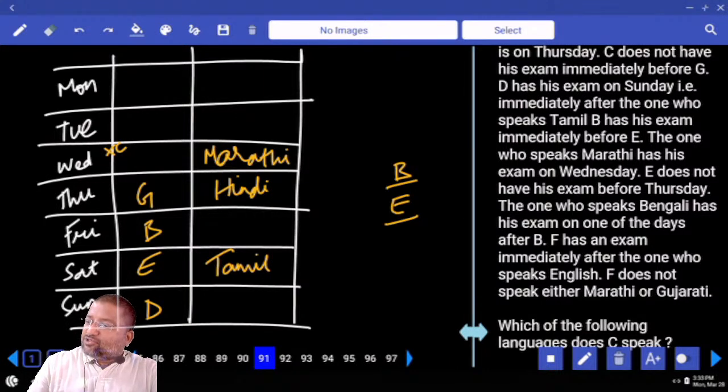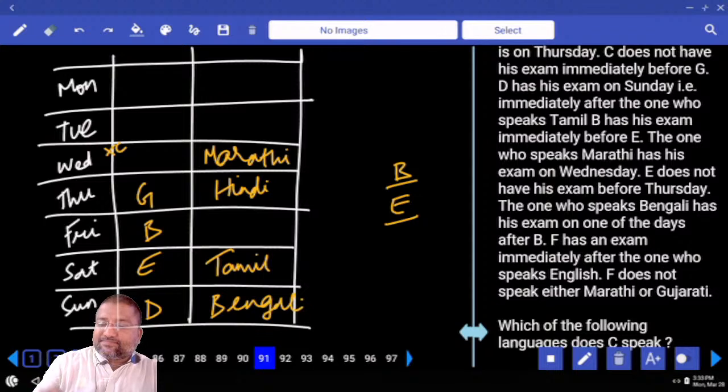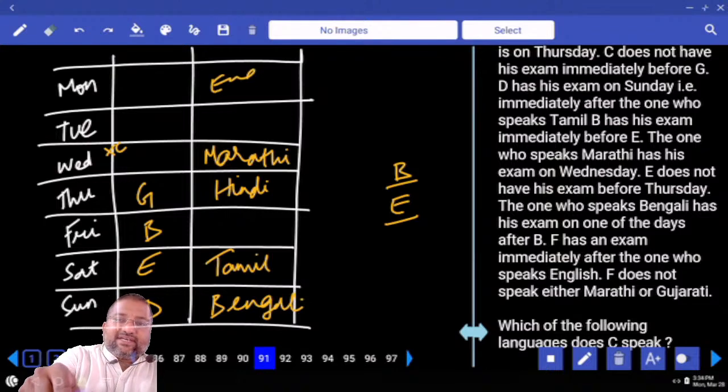Next, the one who speaks Bengali has his exam after B. F has an exam immediately after the one who speaks English. F does not speak either Marathi or Gujarati. After English is F. But can I take English here?